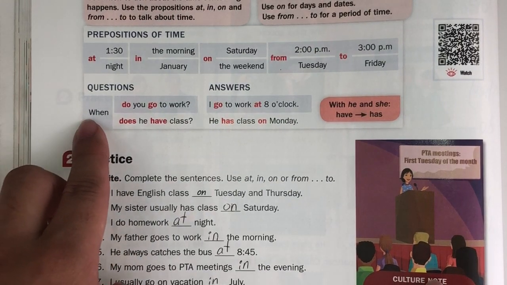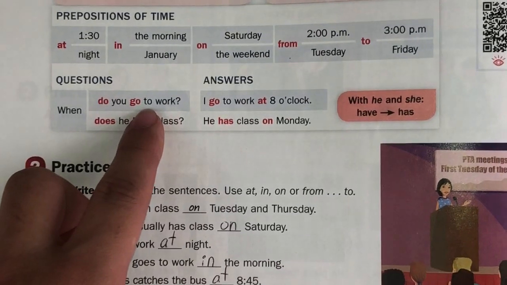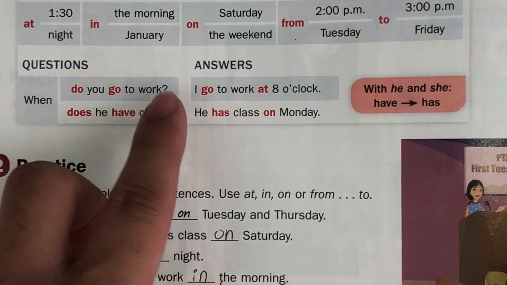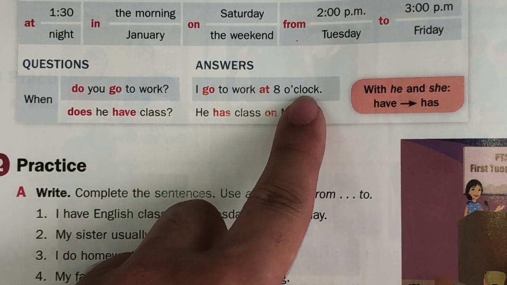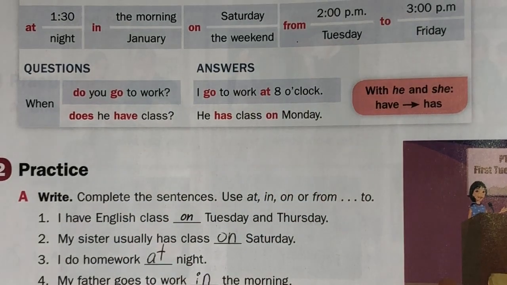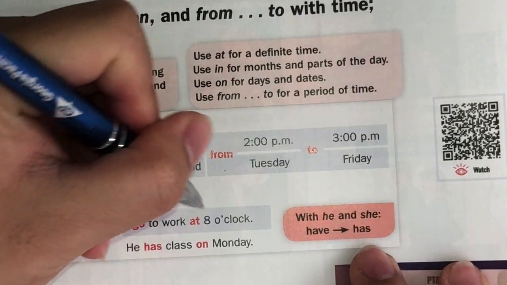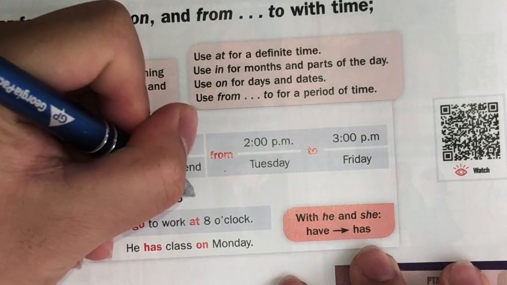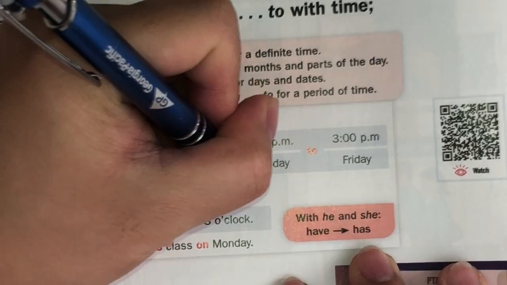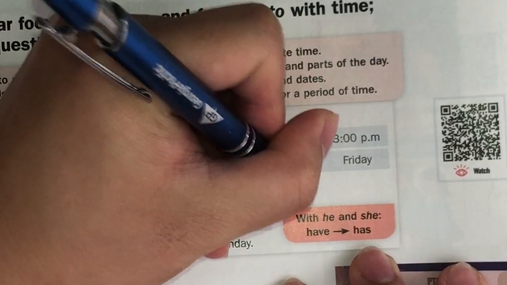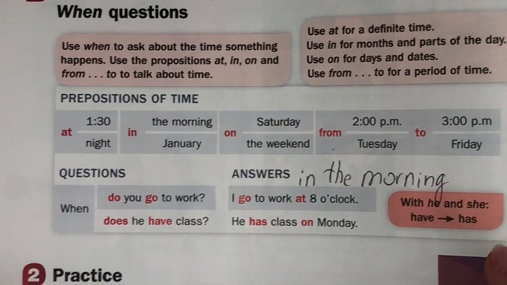So if we ask, when do you go to work? I go to work at 8 o'clock. Or if I don't want to say at 8 o'clock, I can say in the morning. Okay.